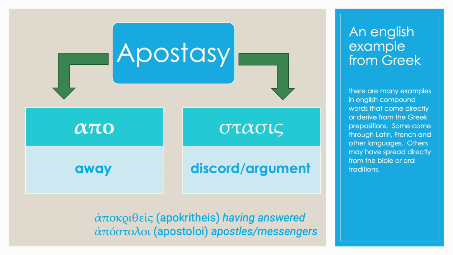Apokryphes is about answering somebody, so the words are coming away from you. And apostle is being sent out, sent away by Jesus. And in these cases it's apo, not apo.